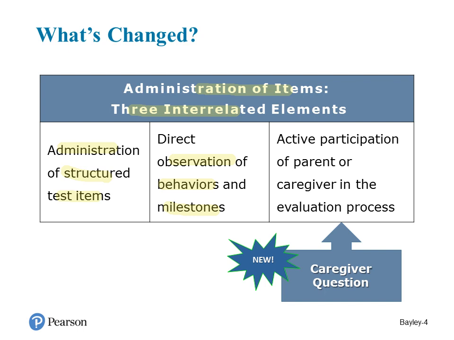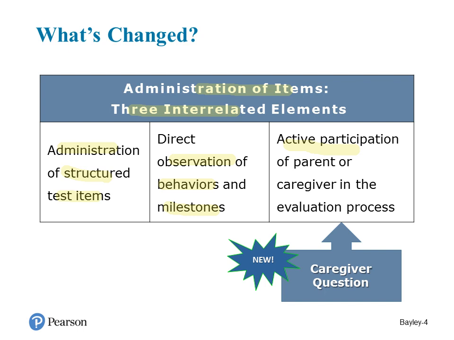Now, the component that is new here is, in addition to the administration of structured test items and the direct observation, the incidental observation, we also now recognize the importance of having the parent or caregiver actively participate in the evaluation process. So you'll see that there are a number of items that include what we refer to as a caregiver question.